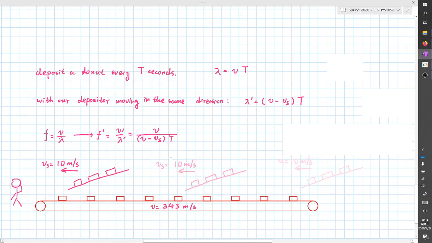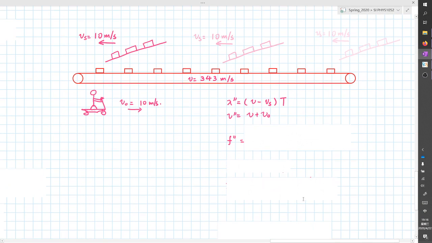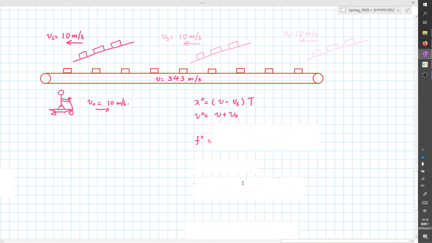Okay, so we've answered the question, but we've almost derived the full Doppler effect, so we might as well do that. This is the more general case. We have our donut depositor, the source, moving at some speed, and our observer also moving at some speed.